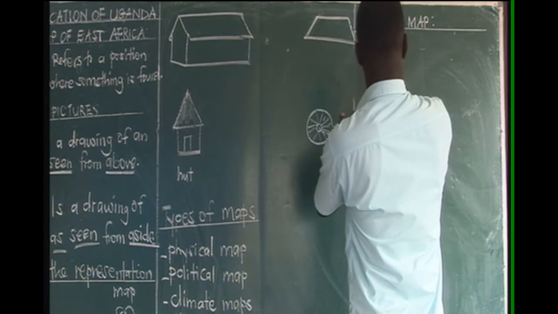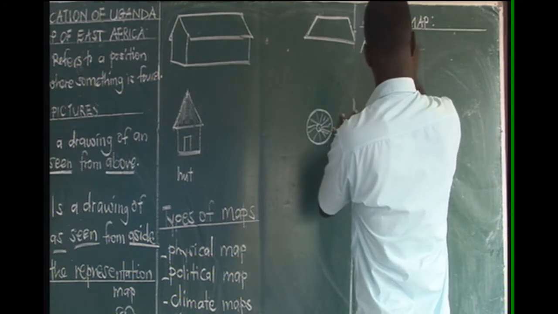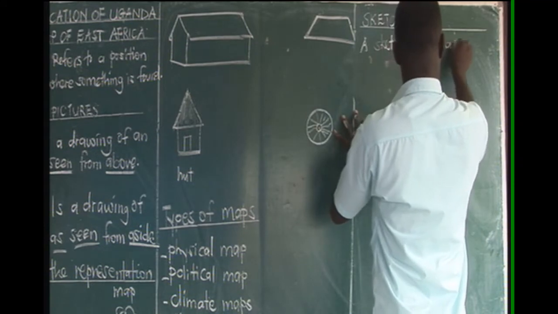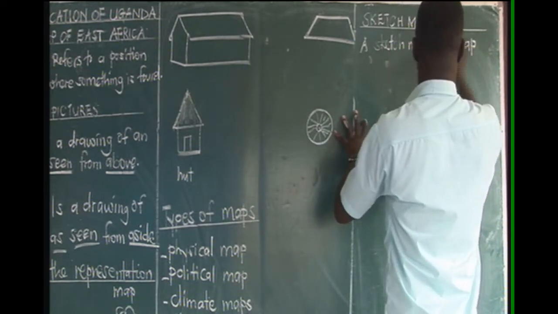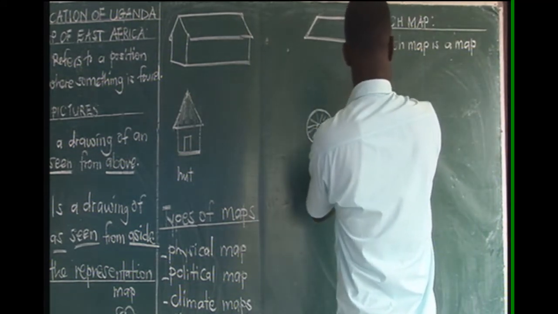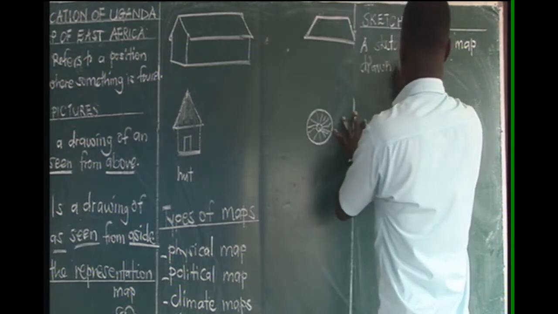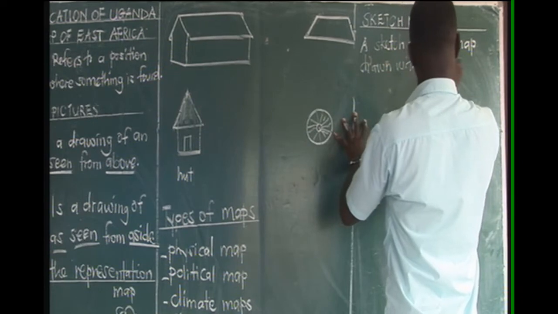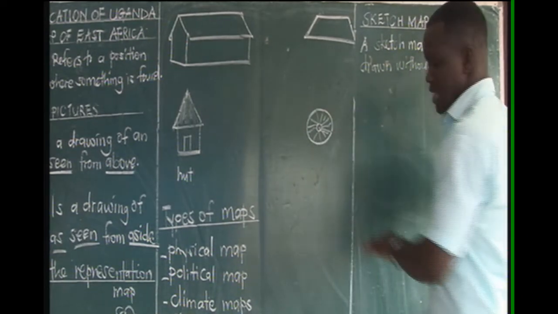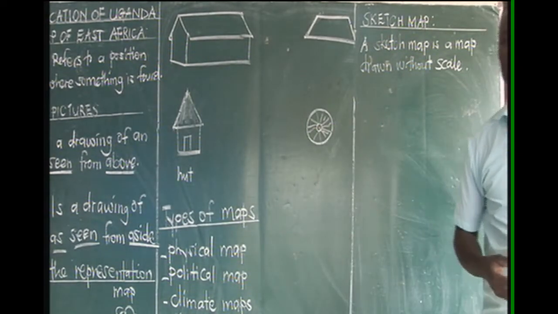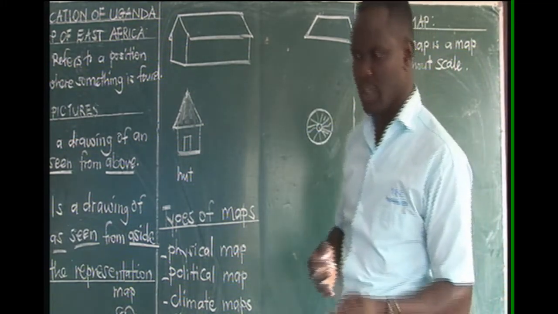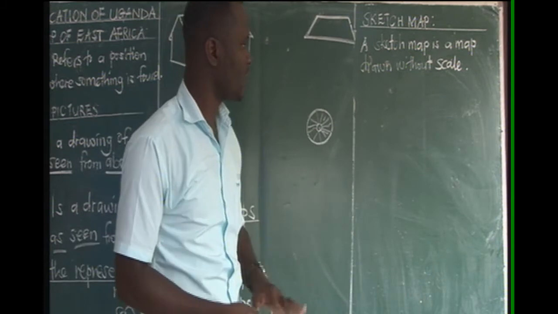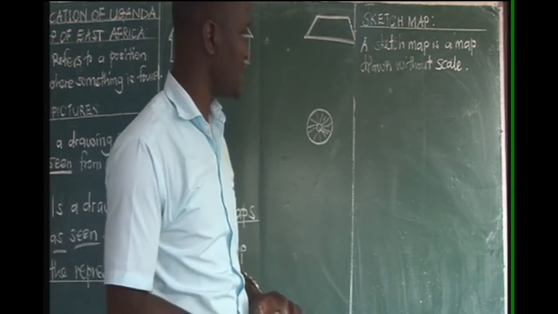A sketch map is a map which is drawn without scale, which means that one finds it difficult to get the scale or to calculate the ground distance of this map.